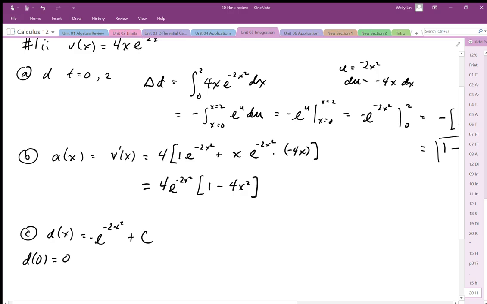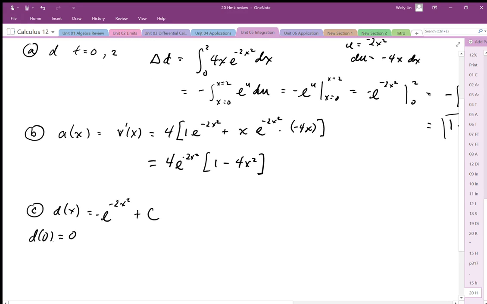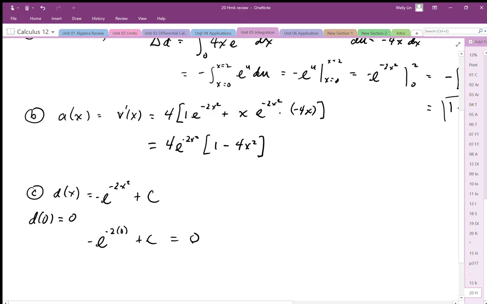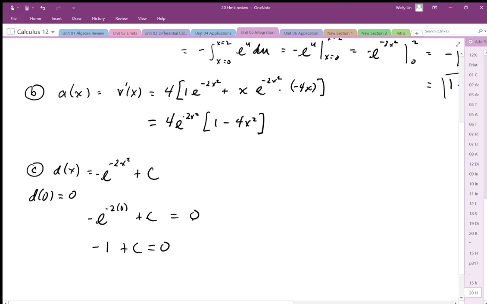We need to solve for c. We're going to use that initial condition to solve for c. So negative e to the negative 2 times 0 squared plus c is equal to 0. In this case, negative 1 plus c equals 0, so c equals 1.